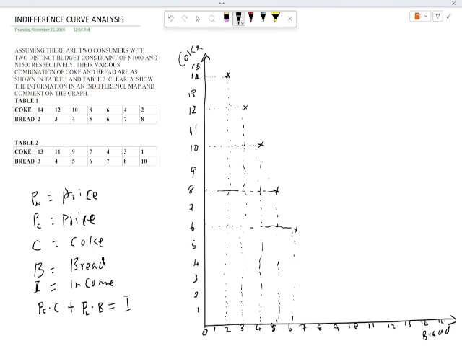And 4 coke, we had 7 bread. And at 2 coke, we had 8 bread.